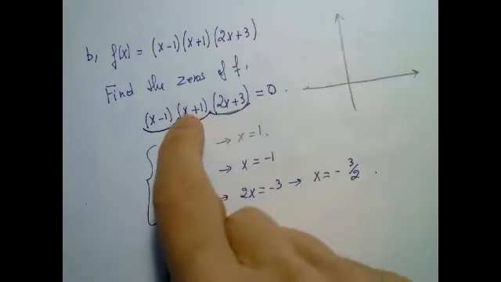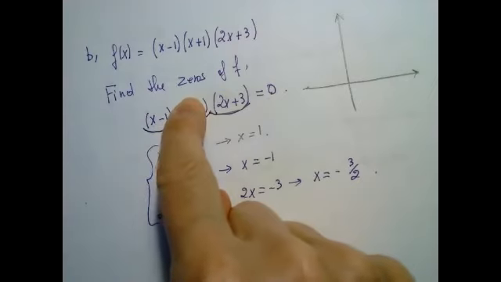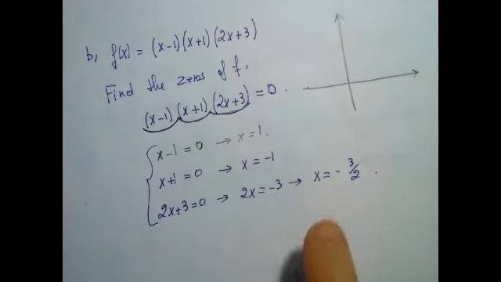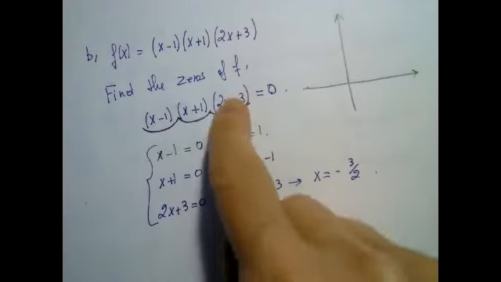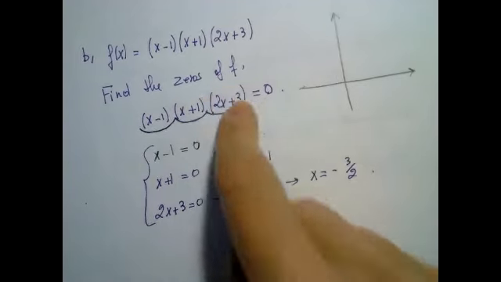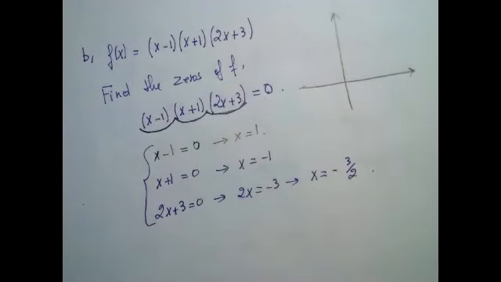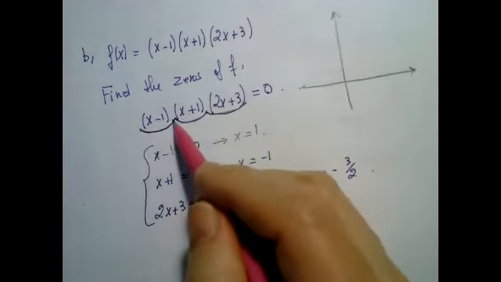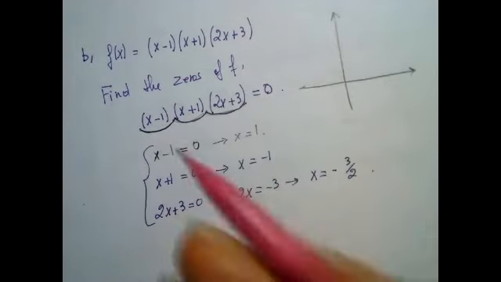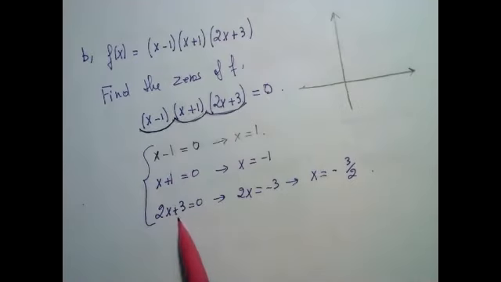Minus 1 will do it because if x is minus 1, the second factor is 0, so the product is 0. Minus 3/2 makes the last factor 0, so the whole product is 0. In other words, if you have a product of 3 terms equal to 0, to solve for that, you set each one of them equal to 0, and you find the x that makes that term equal to 0.